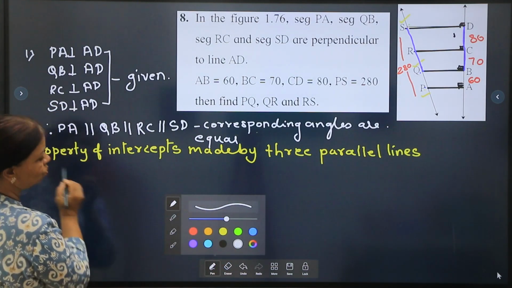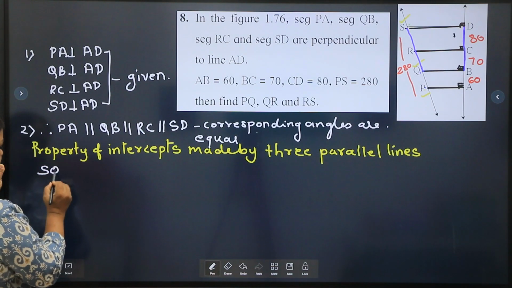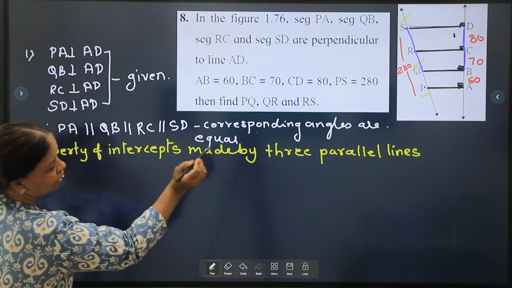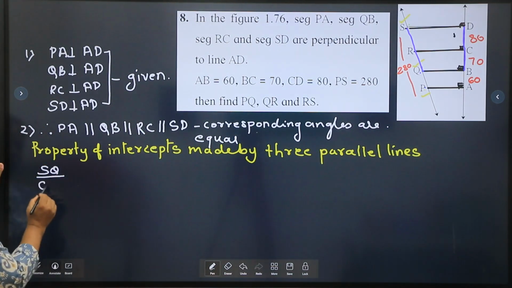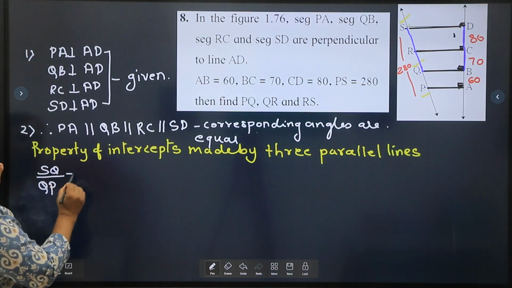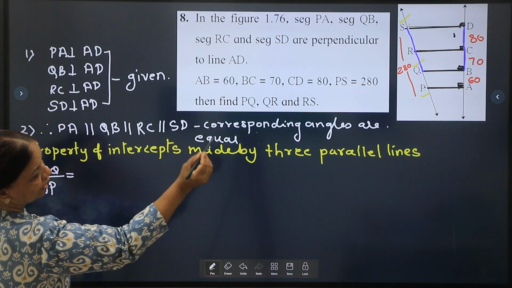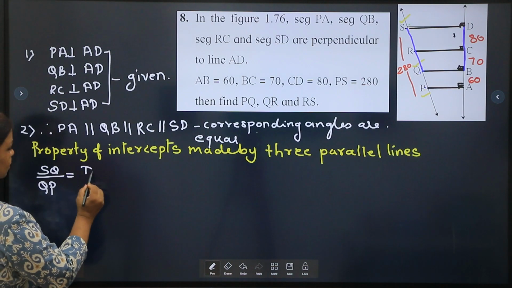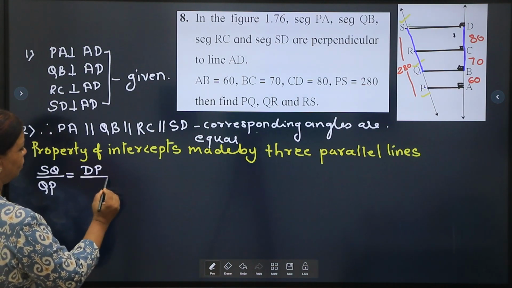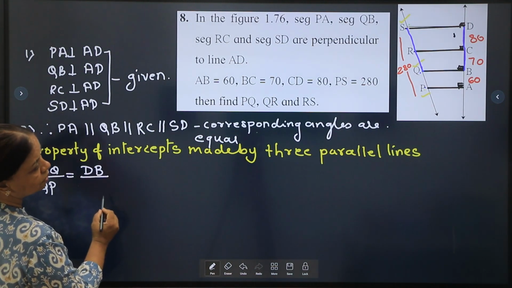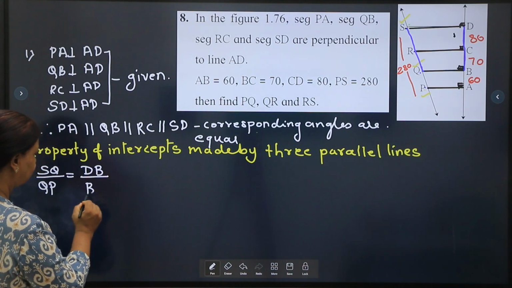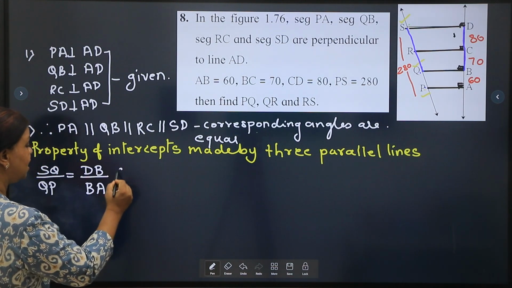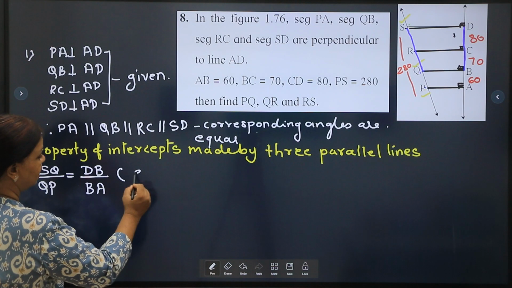So SQ upon QP is equal to DB upon BA. Now, which three parallel lines have we considered?